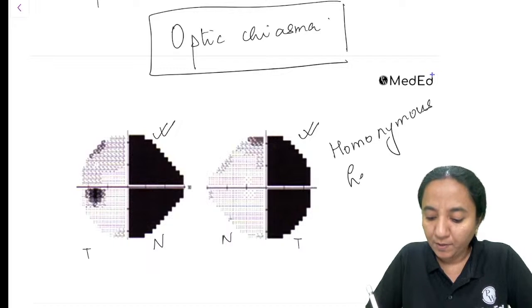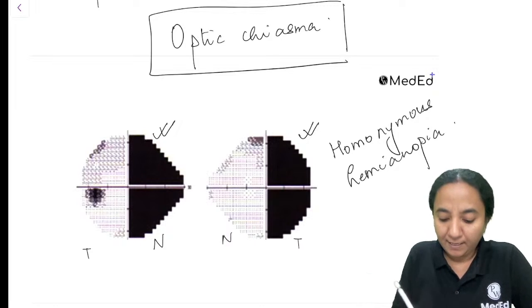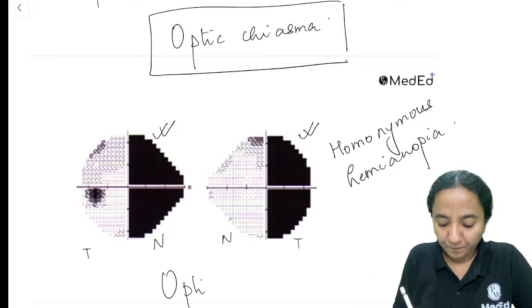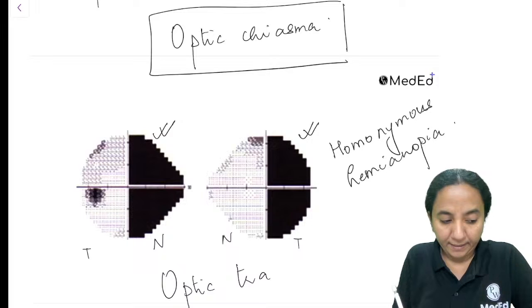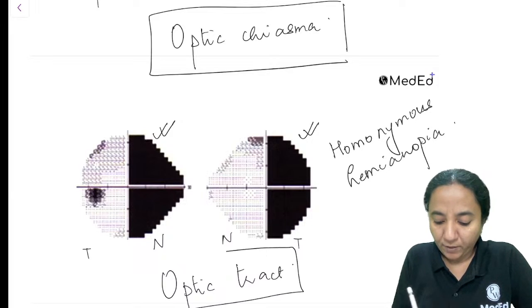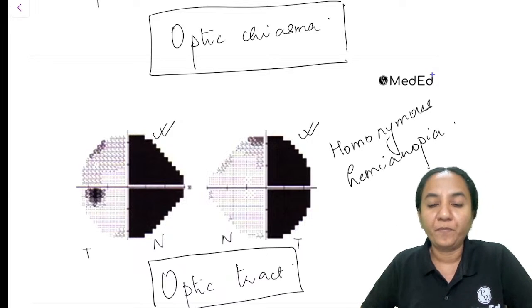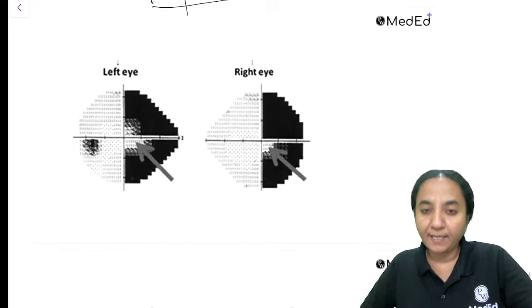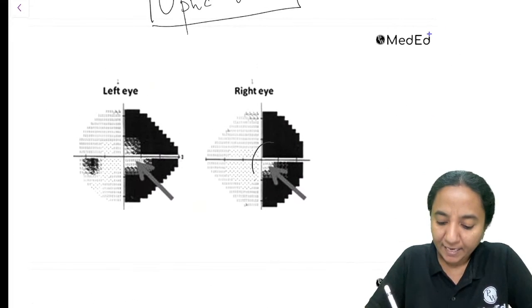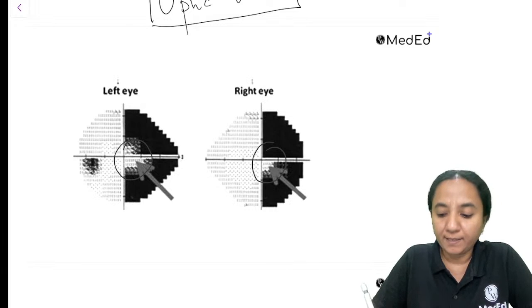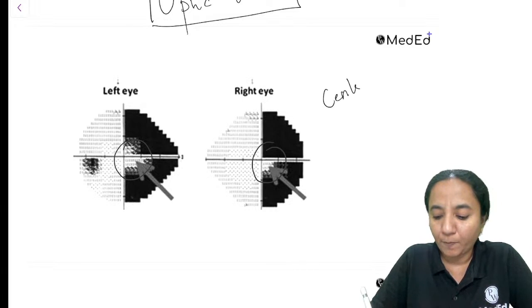And where do we get to see this homonymous hemianopia? This we have just revised. It is seen if there is a lesion in the optic tract. Another image, look at this. This is easy to identify. See, the central area is clear. So what is this? This is your central sparing.